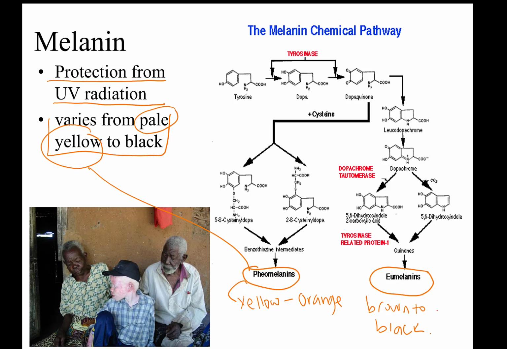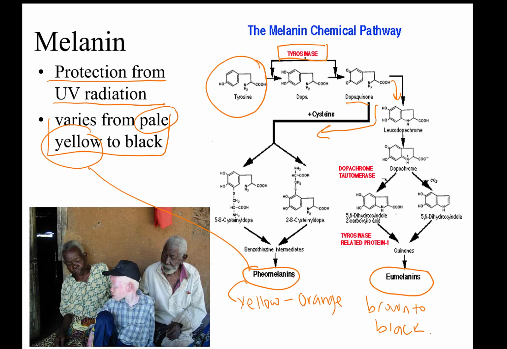The precursor material for all melanin, regardless of what color it manifests as, is the amino acid tyrosine. An enzyme called tyrosinase converts tyrosine into dopa and then dopaquinone. And then from here, you have two pathway options. You can either go down the route to eumelanins, or you can add a cysteine and go down the route to pheomelanins.